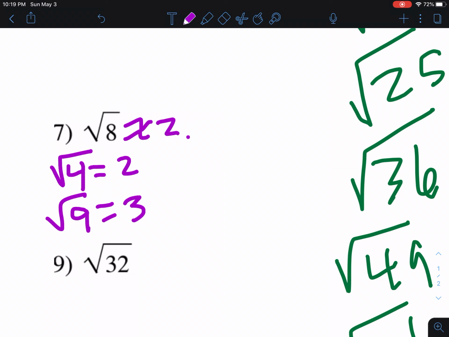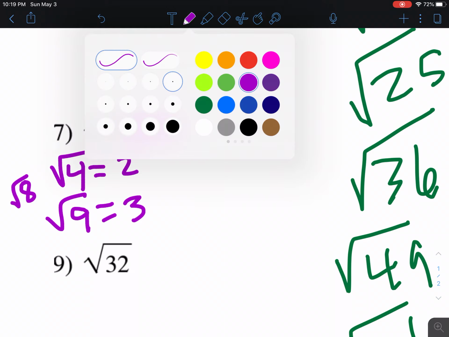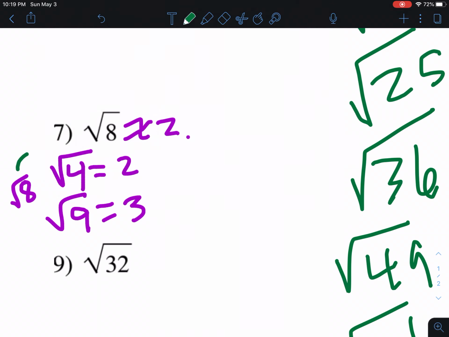So another way to do this is to go, okay, well, the square root of 8 is 4 away from 4, and it is 1 away from 9. And the difference between 9 and 4 is 5. So we're going to use that to help us estimate our decimal value.